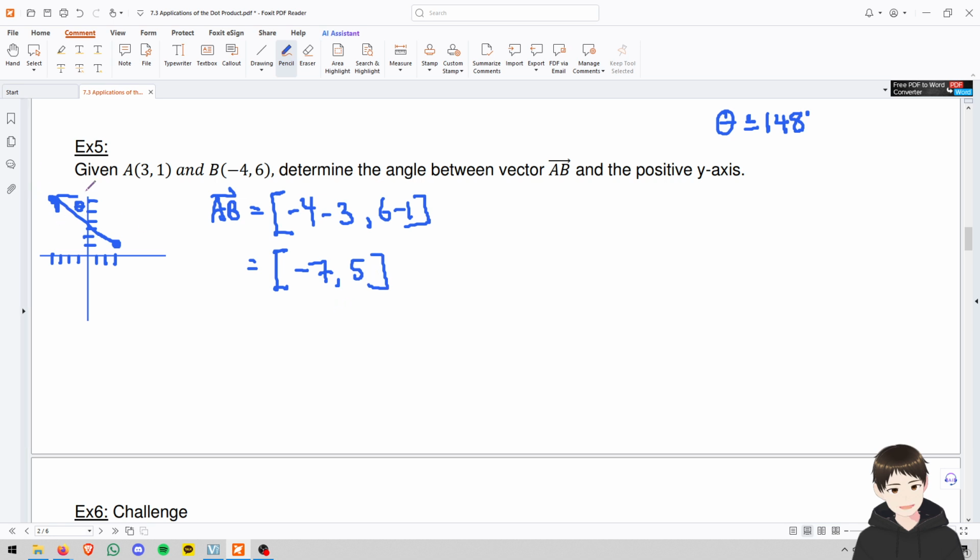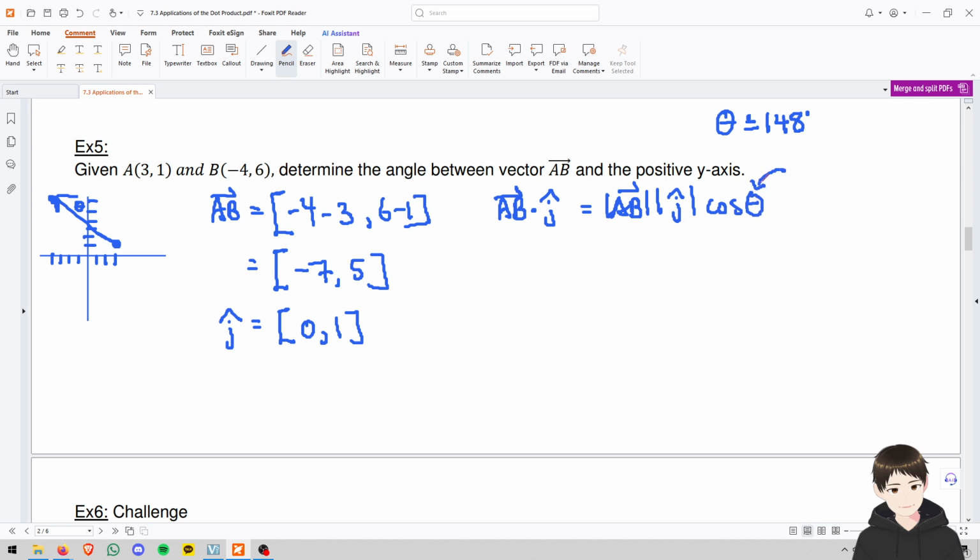Nice. The other vector I am dealing with is the positive y-axis vector, which is going to be (0, 1) by definition. So what is AB dot J? Well, wouldn't that be the magnitude of AB, the magnitude of the unit vector, cosine theta?